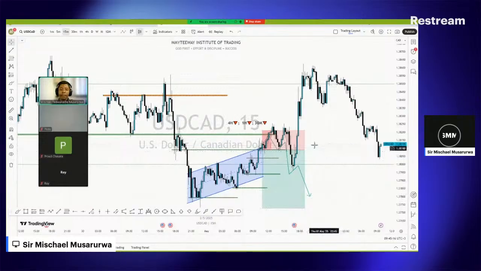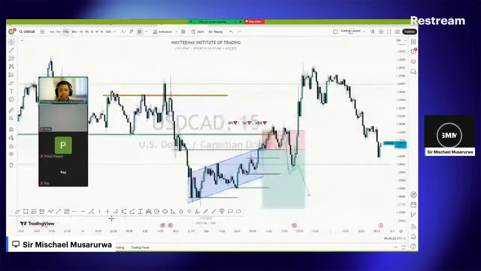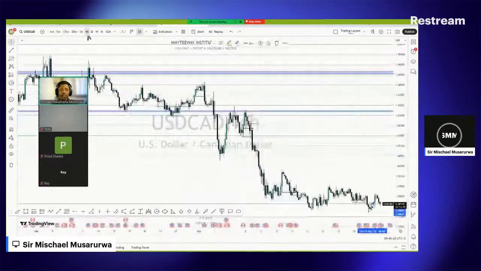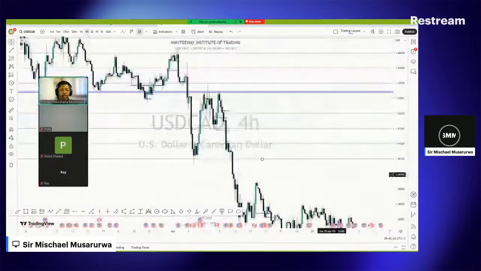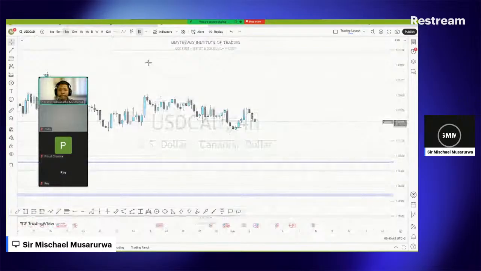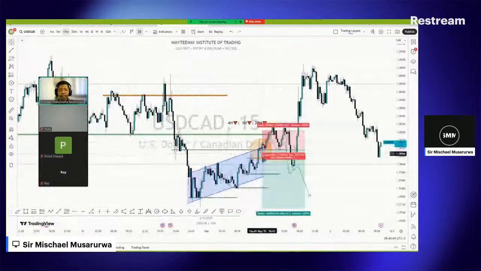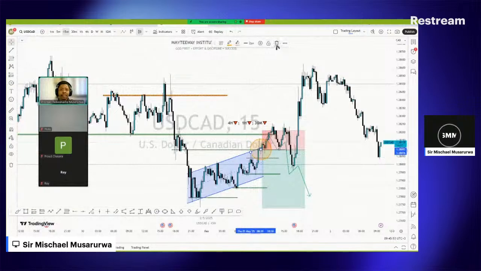It was a 4 hour fair value gap, if I'm not mistaken. Let me just check where we are in the 4 hours. Okay, it's not showing here.